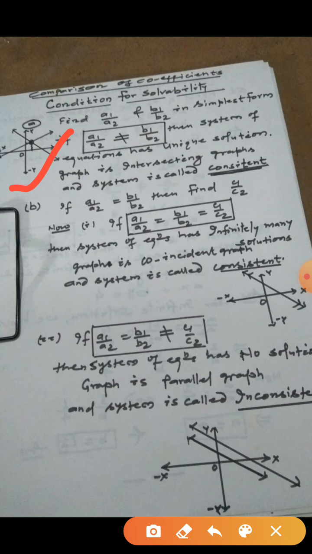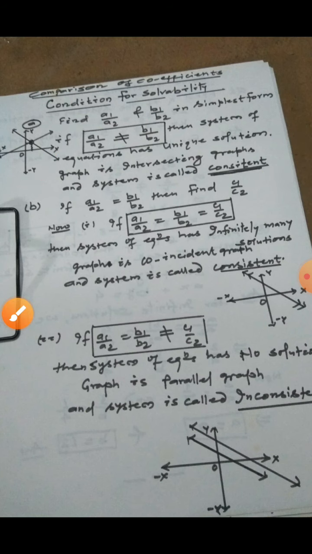And in this situation, since there is one solution for x and y, the system will be called a consistent system. Consistent system means such a pair of equations which has a solution.